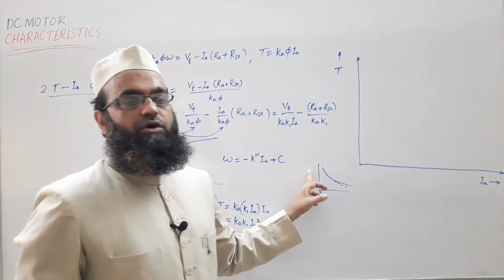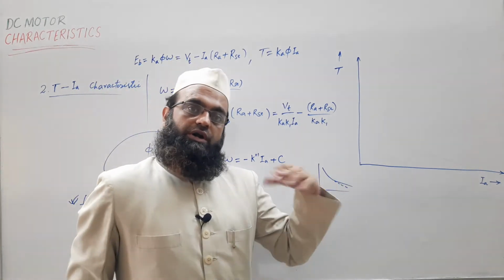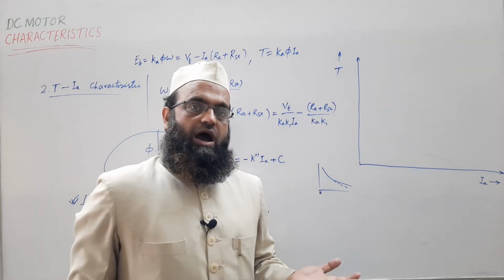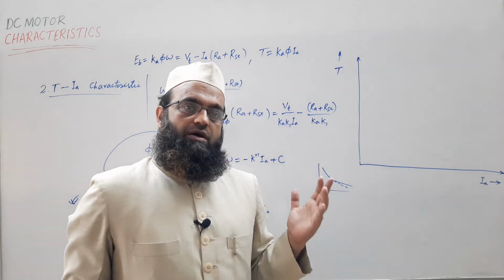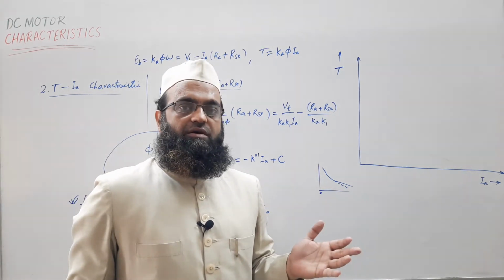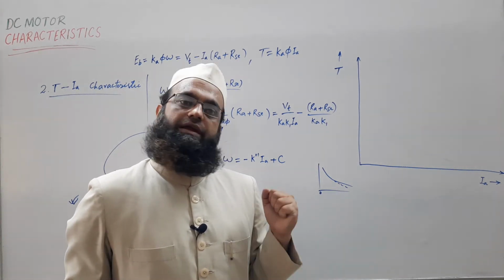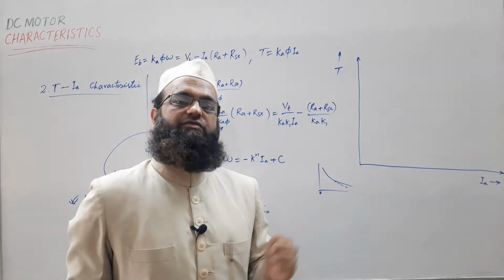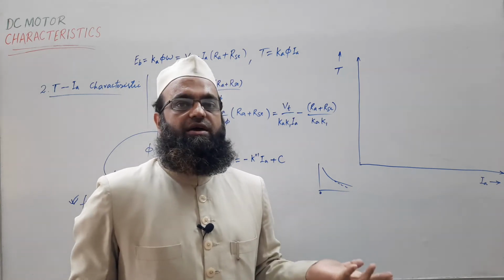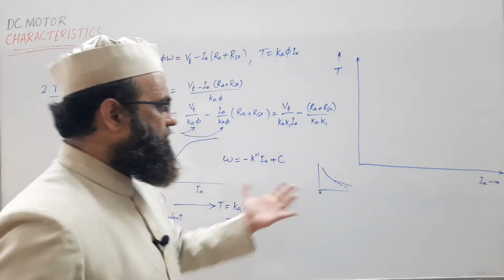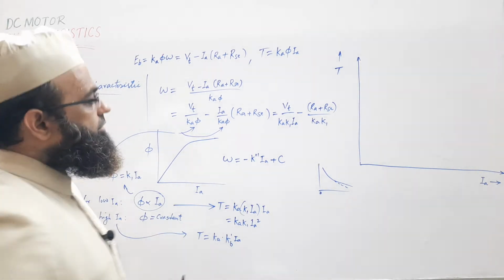In other words, DC series motors are started and operated when a mechanical load is connected with them. Otherwise, the speed will be dangerously high. That will not be good for the motor and for users also, right.